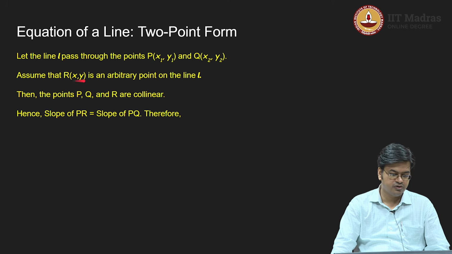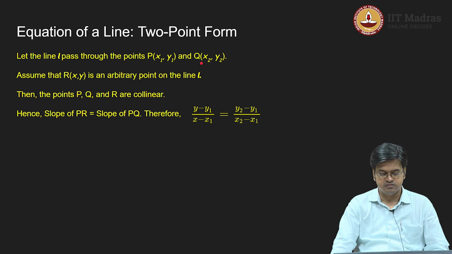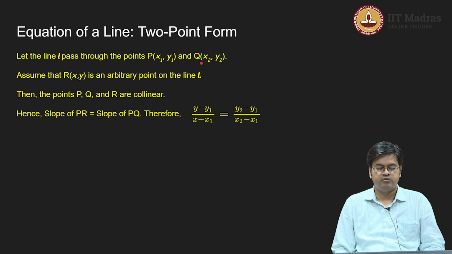What is slope of PQ? PQ is x1 y1 and x2 y2. So change in y is y2 minus y1 and change in x is x2 minus x1. Therefore I will get the equation of this form, y minus y1 upon x minus x1 is equal to y2 minus y1 upon x2 minus x1.